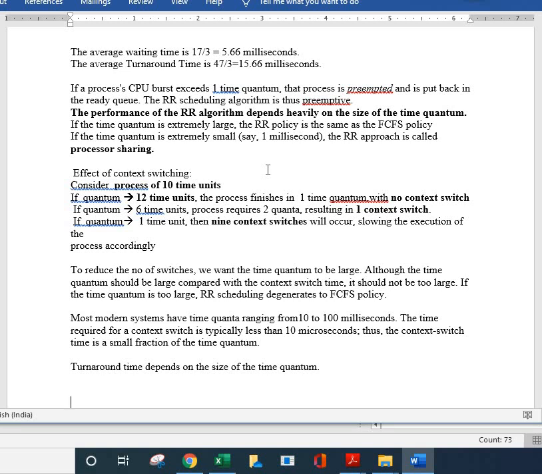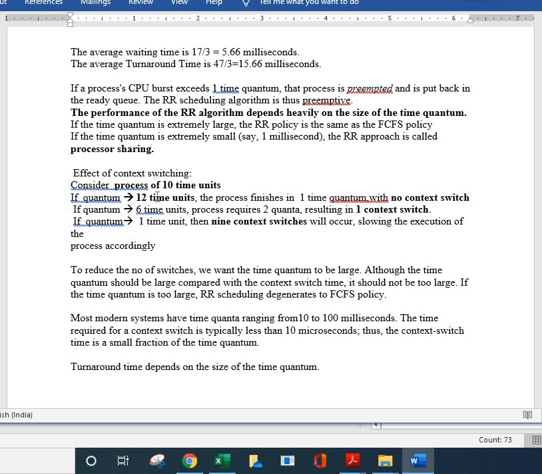So here we need to consider the time quantum in a better way. The time quantum should be neither too long nor too short. Suppose you consider a process with an execution time of 10 milliseconds, and you design the time quantum to be 12 milliseconds, then it will complete within one time quantum itself, and there is no requirement of any context switch.